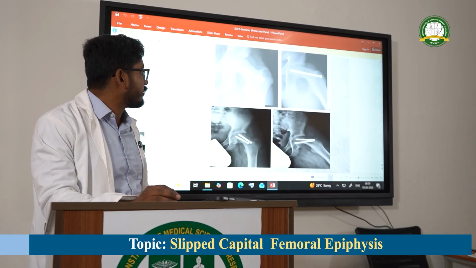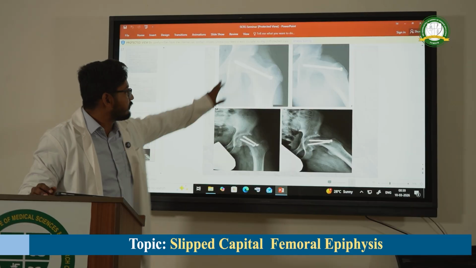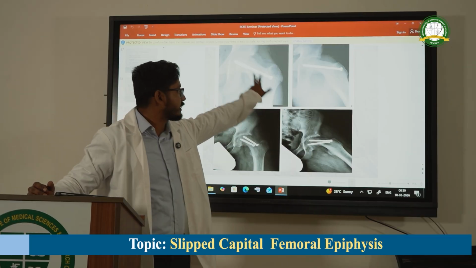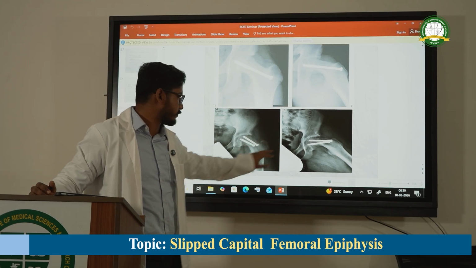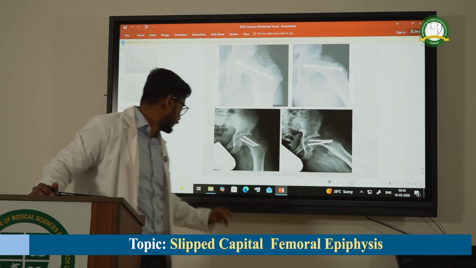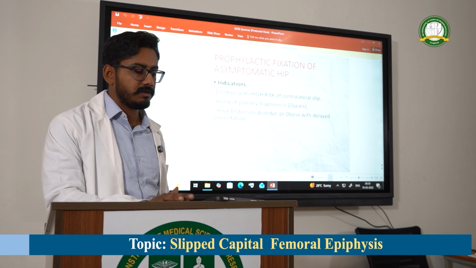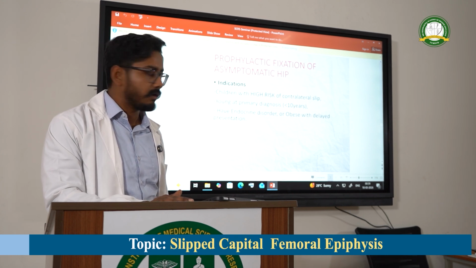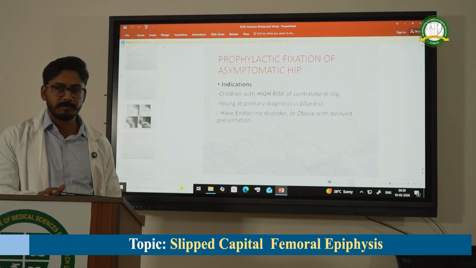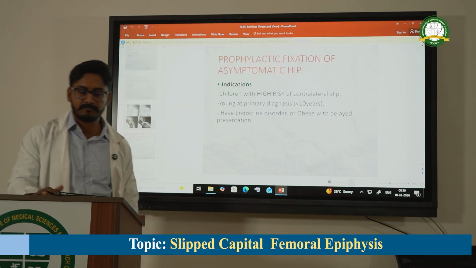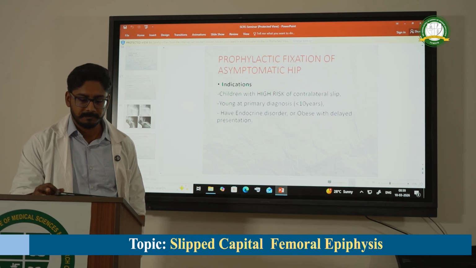These are the post-op radiographic views where in this case they have used a single screw, and in unstable SCFE we can use 2 screws, one in the center and one in the inferior part. In SCFE, if we suspect there is a chance of slip, we can also go on with prophylactic fixation of the asymptomatic hip because there are chances of SCFE on the opposite side up to 25%.